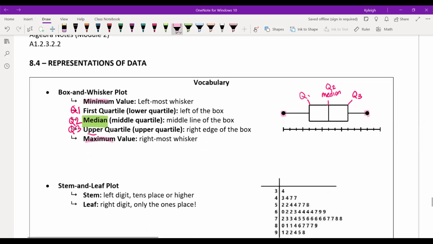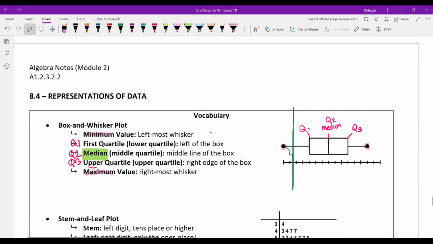Now, some other things that I want to talk about with this is that these parts are representative of the data, right? So this amount between the minimum and Q1 is a percentage of data.